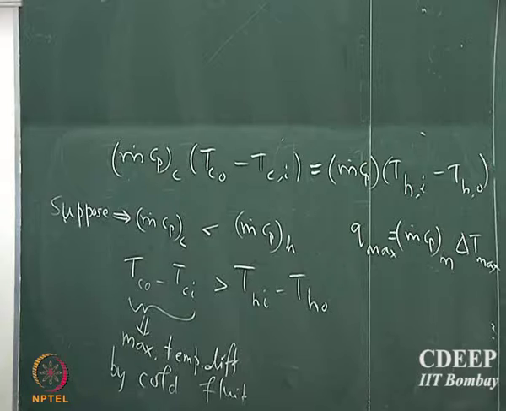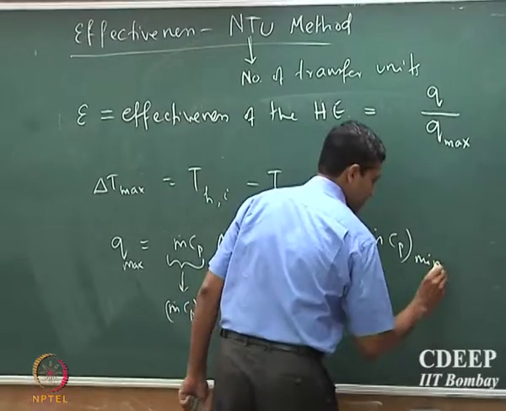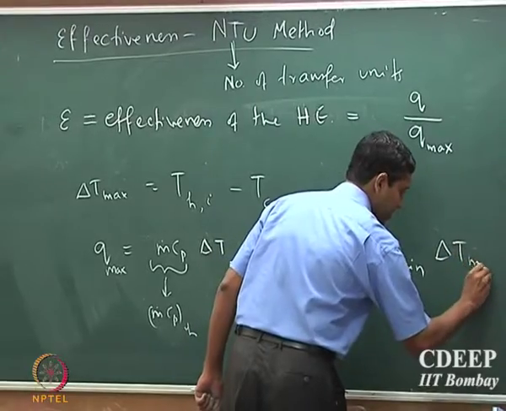Okay. So the capacity of the fluid multiplied by the mass flow rate, whichever is minimum, that fluid stream is the one which is likely to have the maximal temperature difference. So therefore, Q max is essentially defined as m dot Cp minimum multiplied by delta T max.